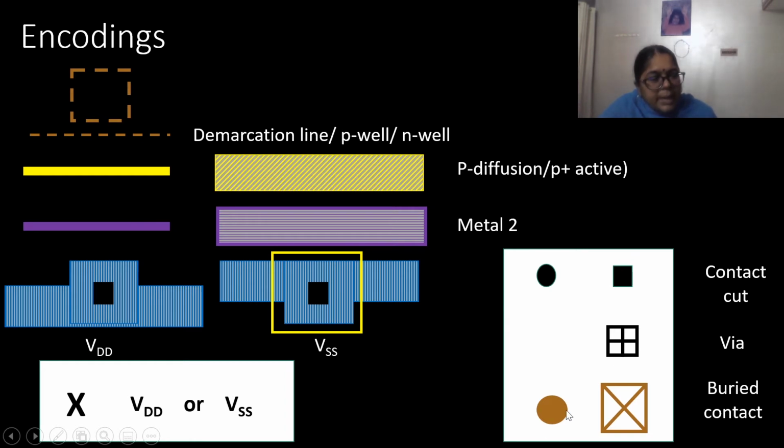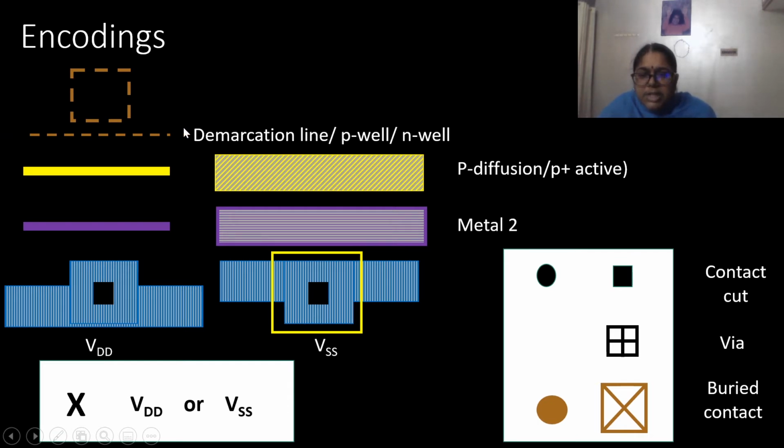A brown dot or a box with a cross indicates the buried contact. A brown dot is used in the stick diagram, and a square box with a cross in brown color is used in the mask layout.